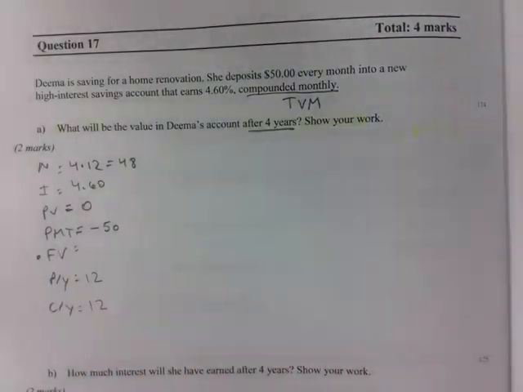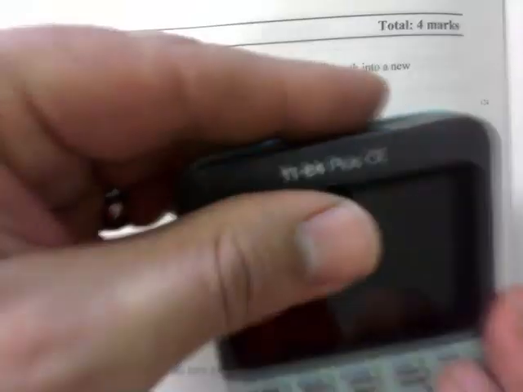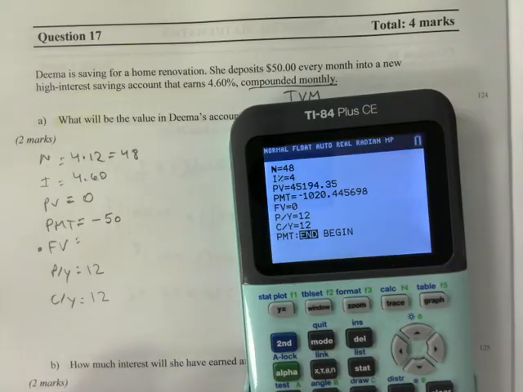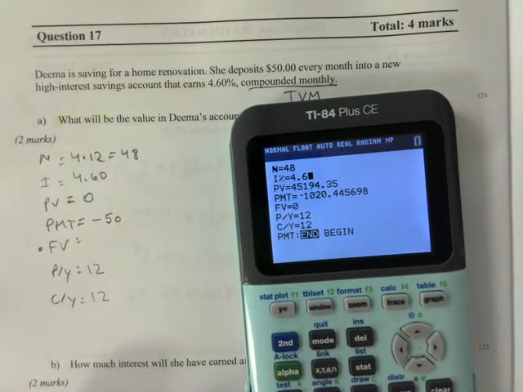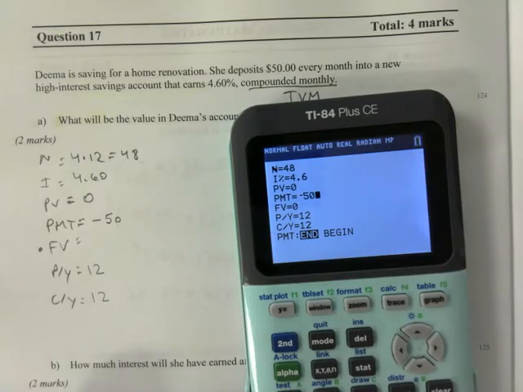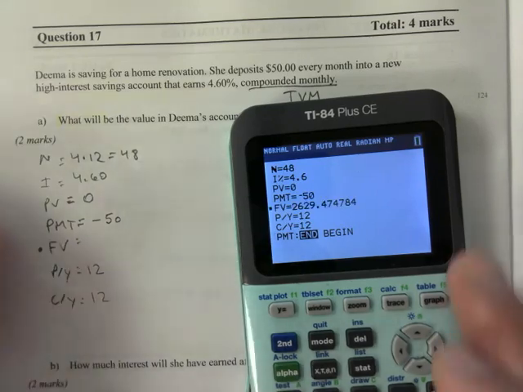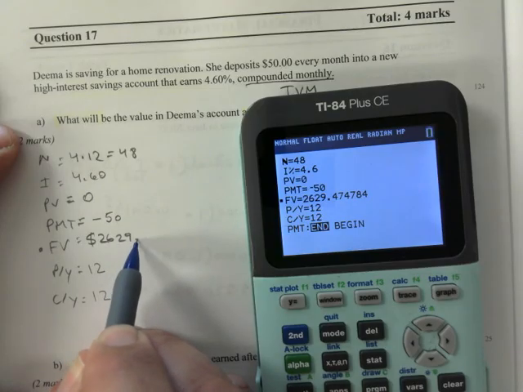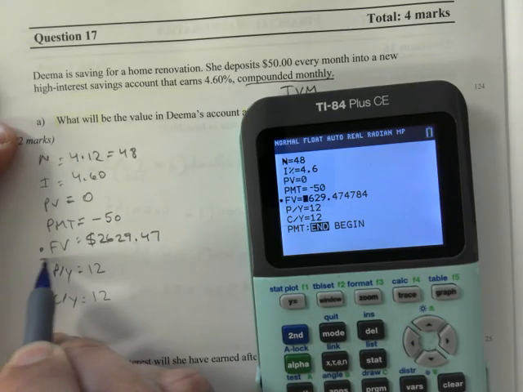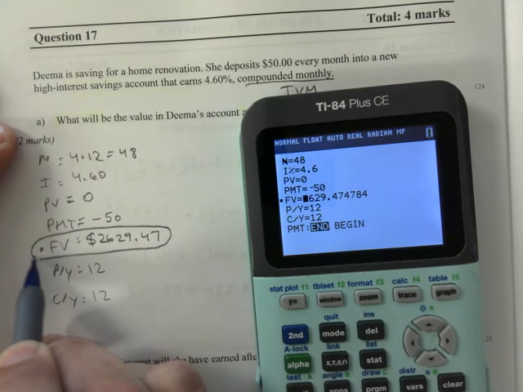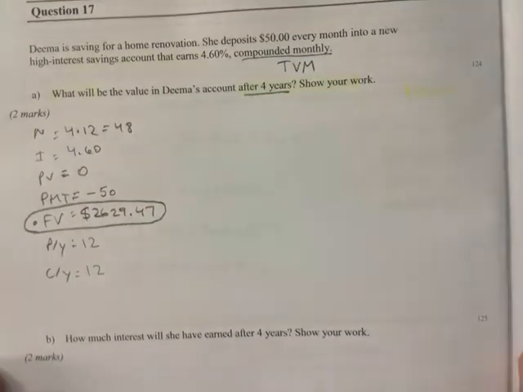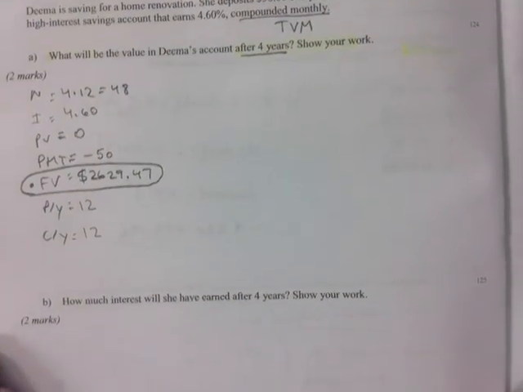And so you solve for the future value. There it is, 2629.47. You can just leave it like that. As long as it has a dollar sign, you can circle it, and that's your answer. 2 marks.